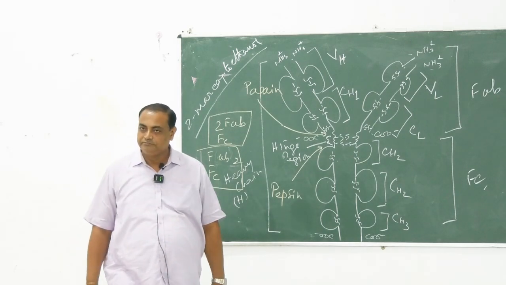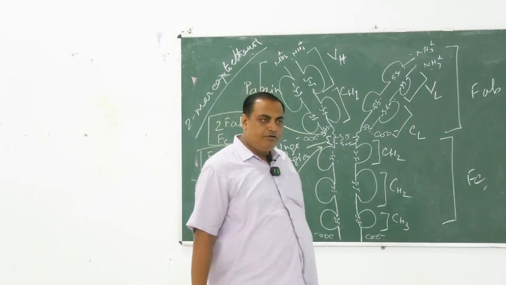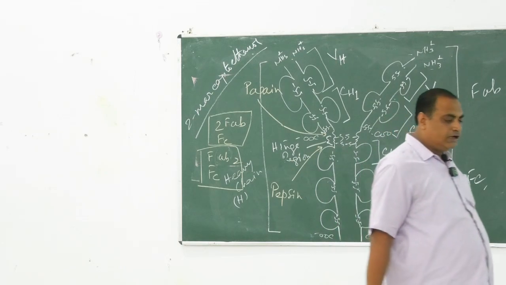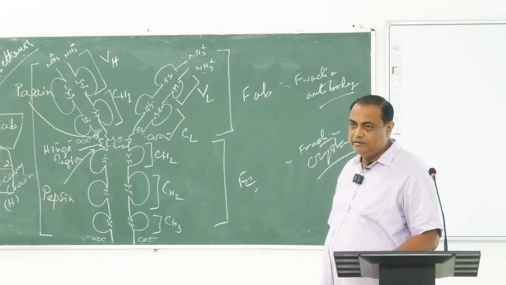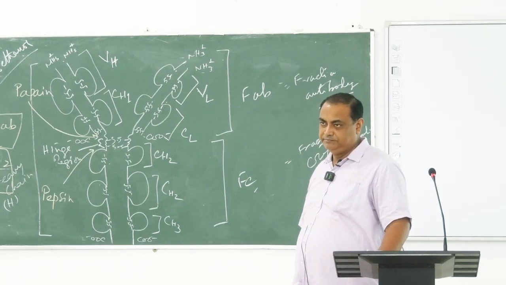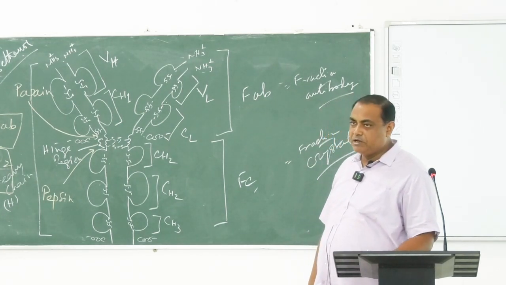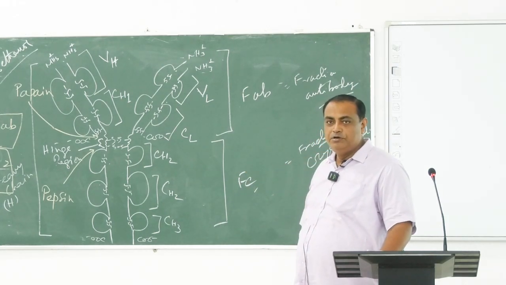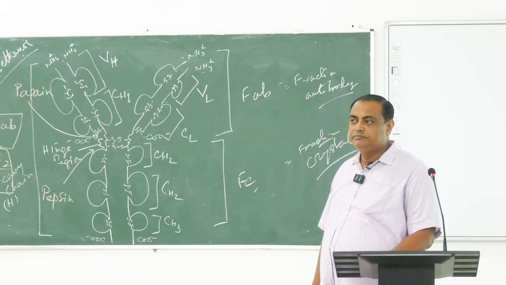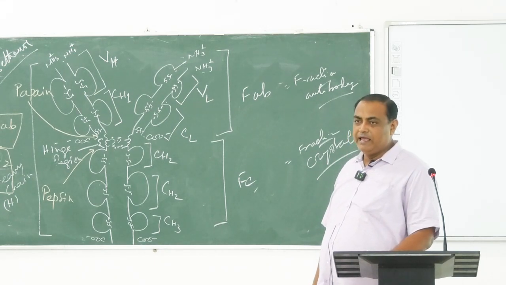Correct? So you have to show the site of digestion of two enzymes, papain and pepsin. If it is cleaved by papain, it forms 2 Fab and 1 Fc.